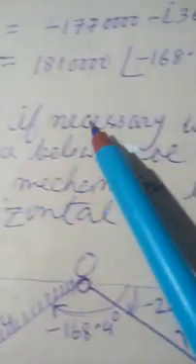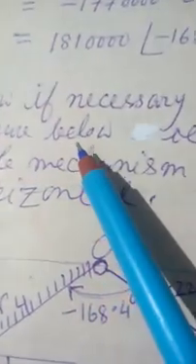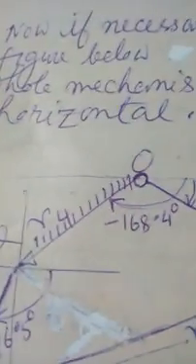Now if necessary we can rotate the figure below, that is the position of the whole mechanism, to make OQ as horizontal.